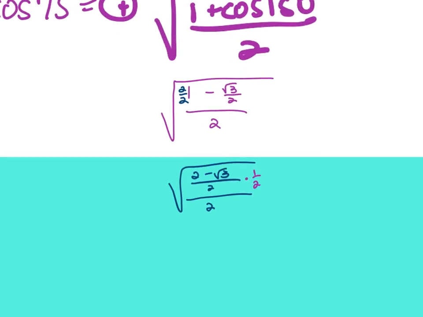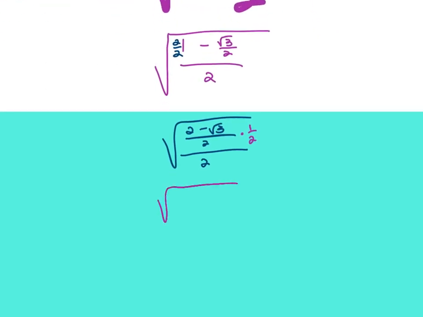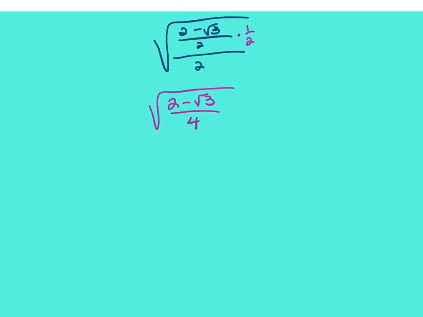Change, flip. I get the square root of (2 minus root 3) over 4. Split it. Stays positive.